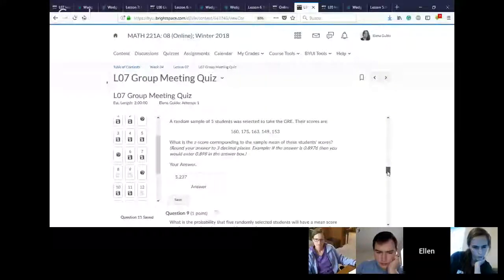Work on this one with different numbers. When they give me 5 scores, I got all of the z-scores of them, but I really don't know how to manage it. Let me double check what I did real quick. 150.8.